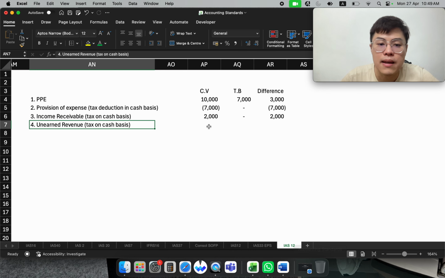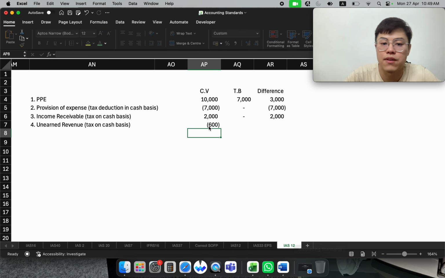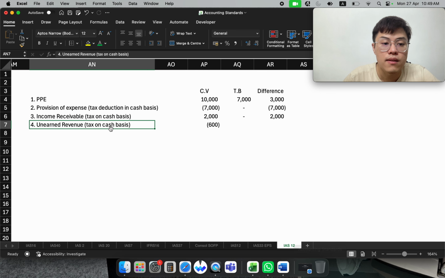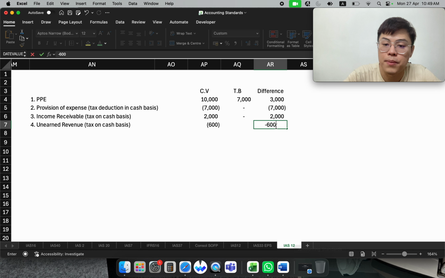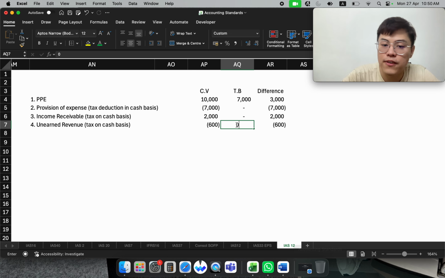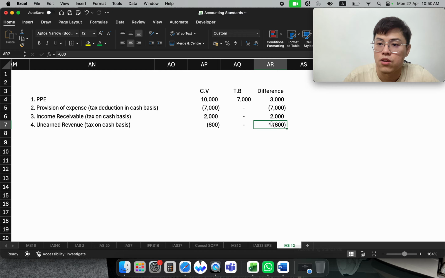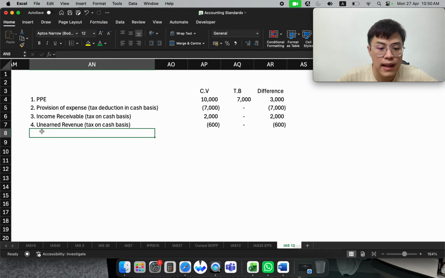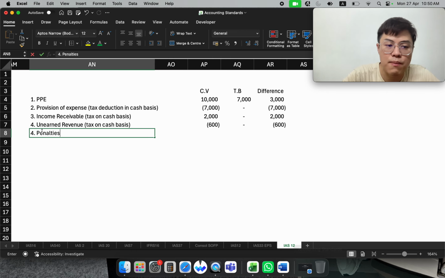There's a liability being recognized here, 600 for example, and your tax you are going to pay now. In future, when you recognize the revenue, you won't pay the tax. So there will be a difference of 600 to avoid the tax in future. So tax base, nothing.